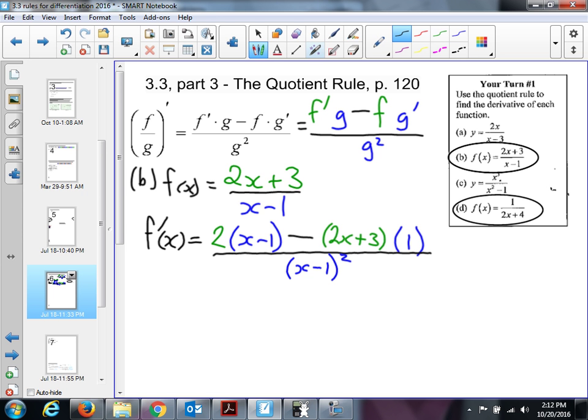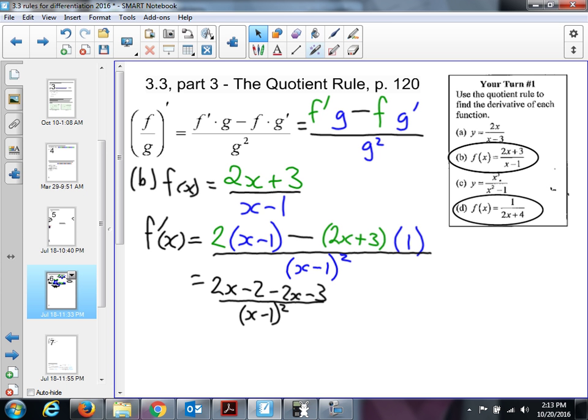So what does this come out to be? Well, the top, we'll work it out here, is 2x minus 2. I'm distributing the first part of the expression. Then minus 2x minus 3. Don't square the bottom out. Leave it factored, x minus 1 all squared, because that's as simple as it gets.